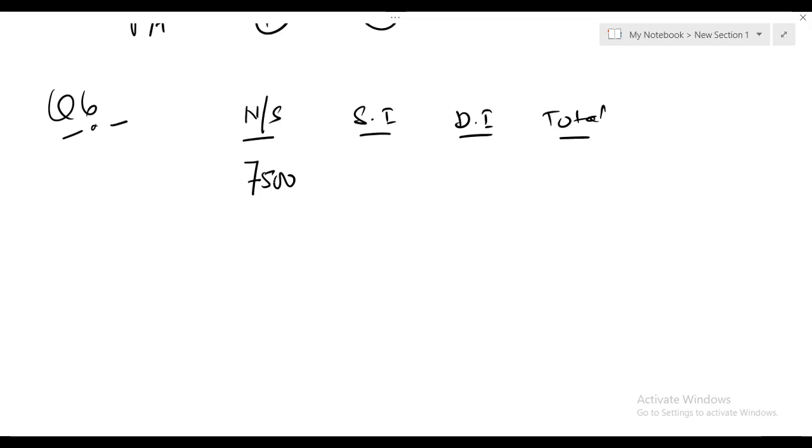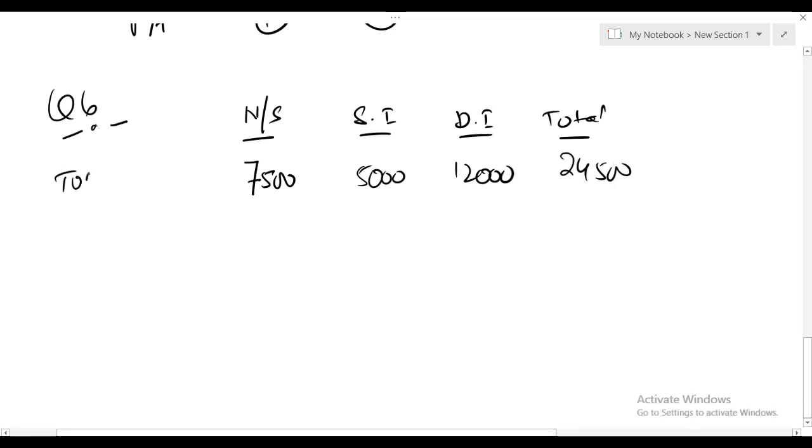So we have non-saving income 7,500, saving income 5,000, and dividend income 12,000. Let me use the calculator. 7,500 plus 5,000 plus 12,000 is 24,500. Personal allowance: first I have to deduct the personal allowance from non-saving income.